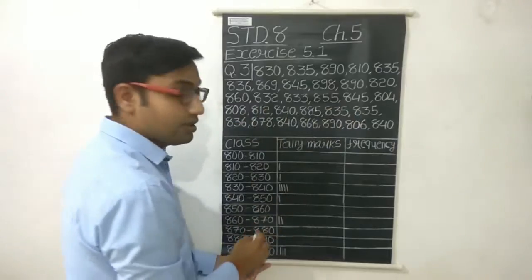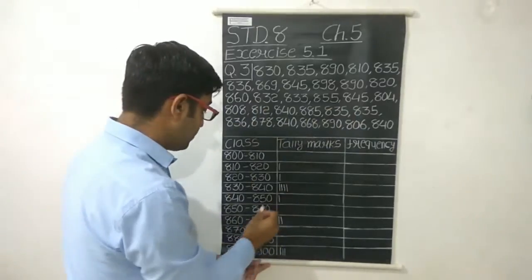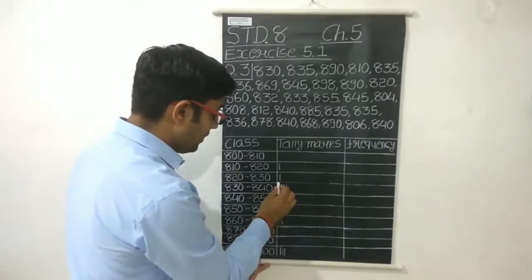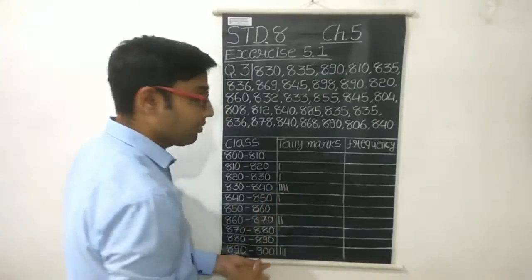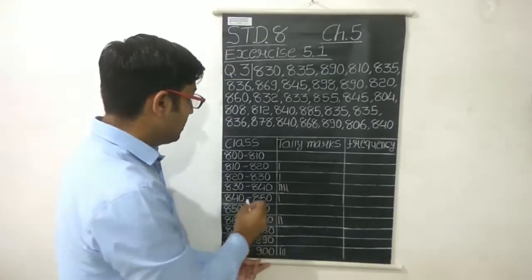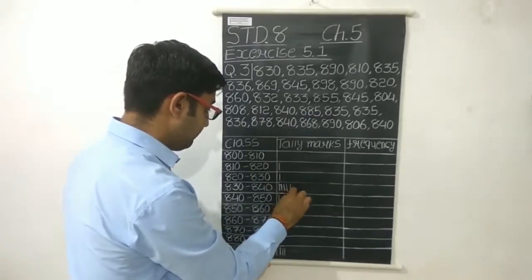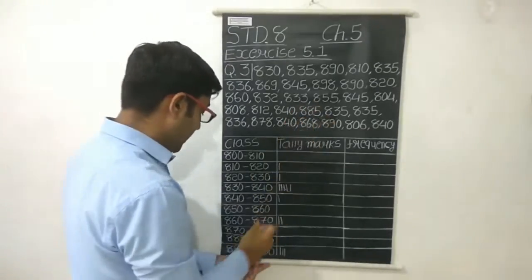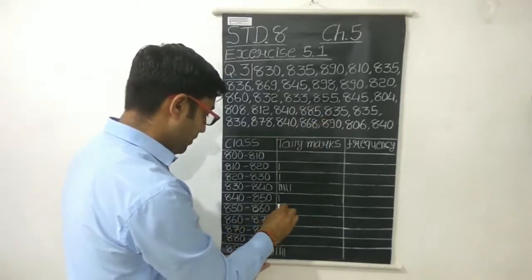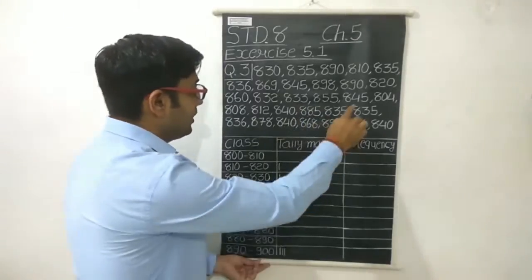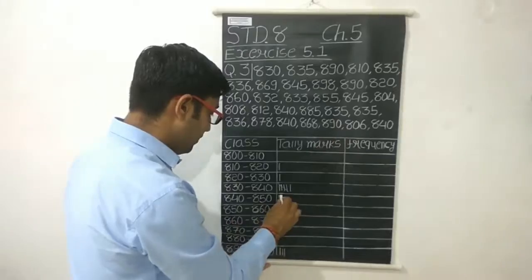So here 4 data is already there, so we have to make it like this so that it will become a bunch of 5 numbers. Now 833 will be again here. Now 855, we have to put in this group. 845 will be here.